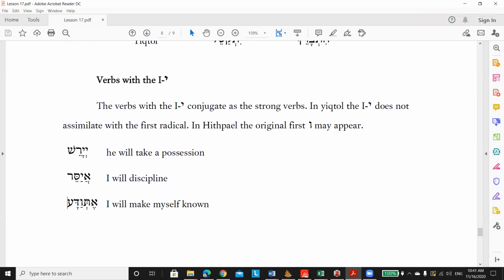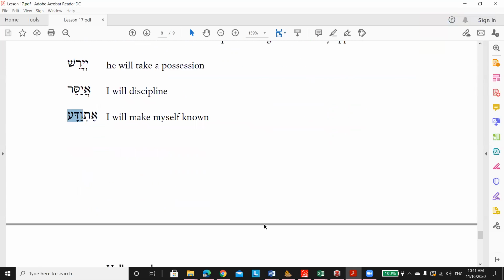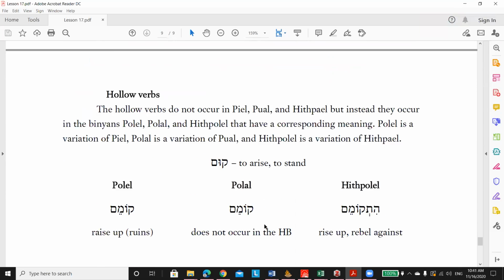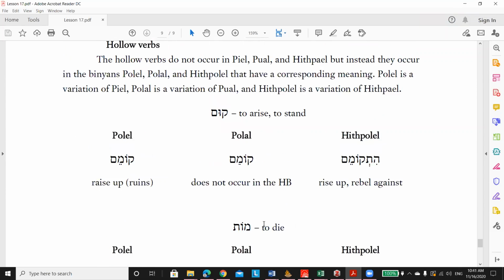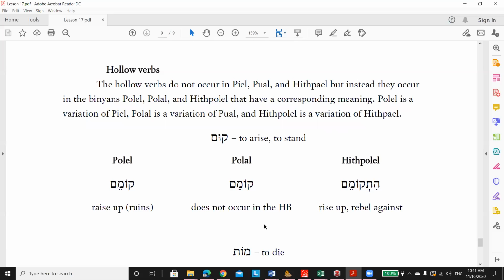Okay, so this is the root yada, to know, and this is just the original vav appearing here. And the hollow verbs, we will not touch this topic in detail.